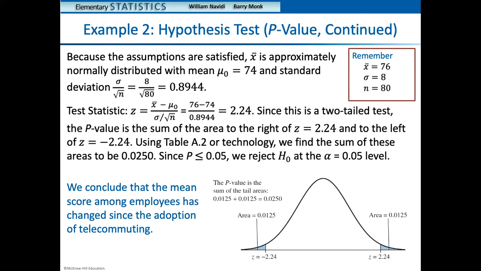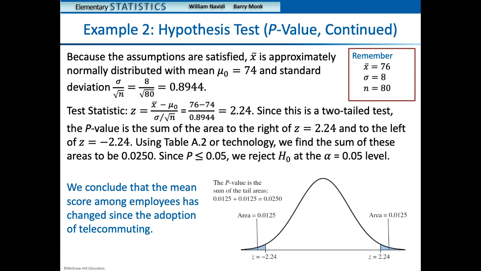Next step is to consider the sampling distribution under the assumption that the null hypothesis is true. If the null hypothesis is true, then the sampling distribution will be a normal distribution that is centered over 74, and the standard deviation will be sigma over the square root of n, which is 8 over the square root of 80, which is 0.8944.